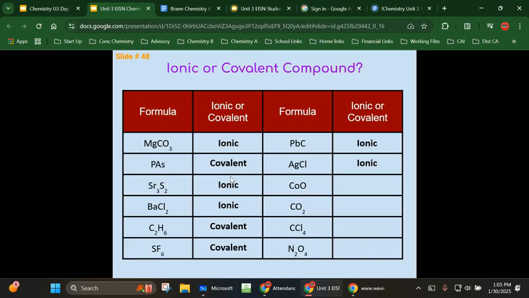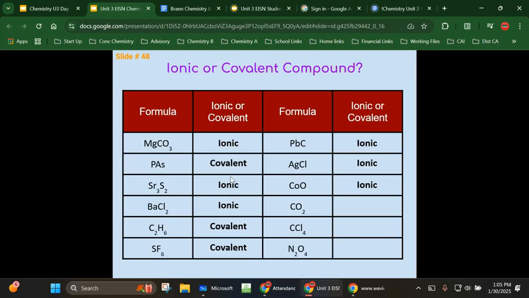CoO. My bad, CoO. Jonathan. Ionic. Cobalt is a metal. CO2. Crystal. Ionic or covalent?